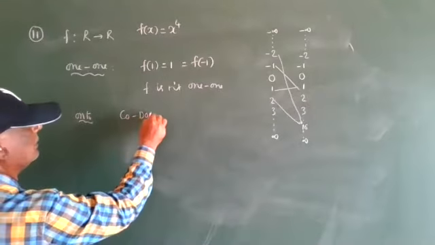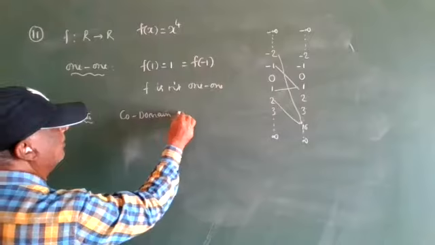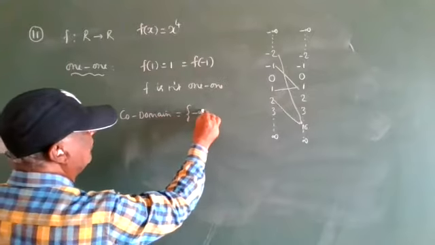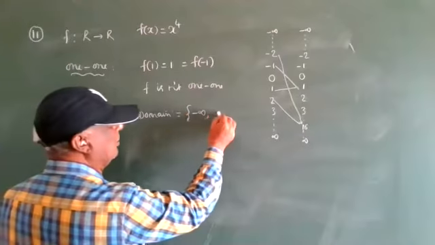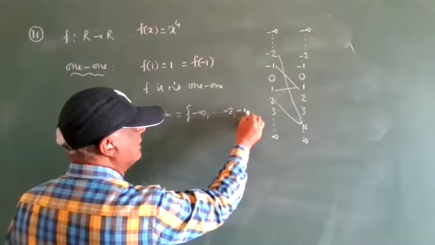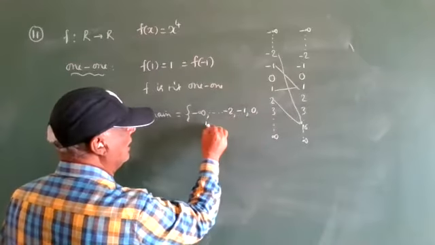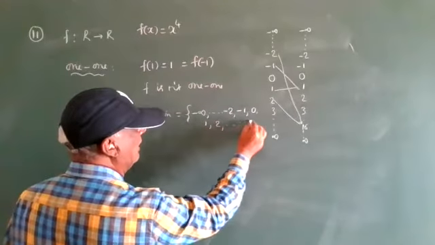Codomain: all the real numbers, minus infinity, minus 2, minus 1, 0, and 1, 2, 3, up to infinity.